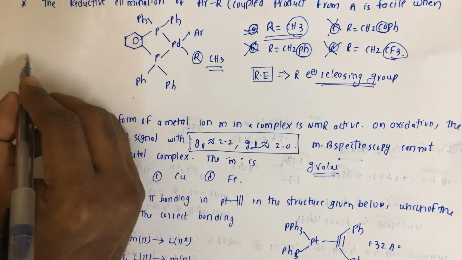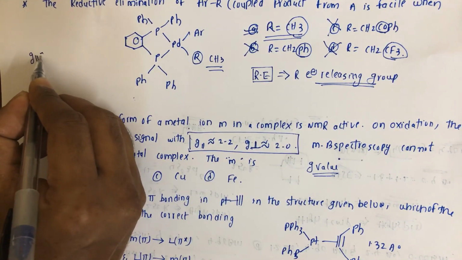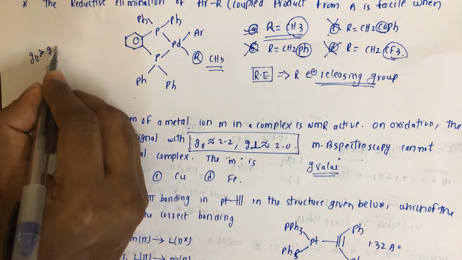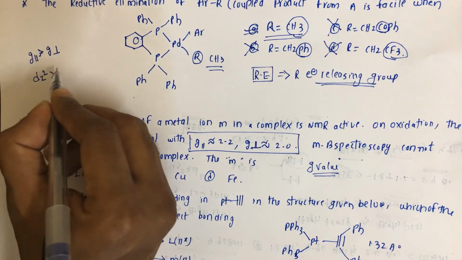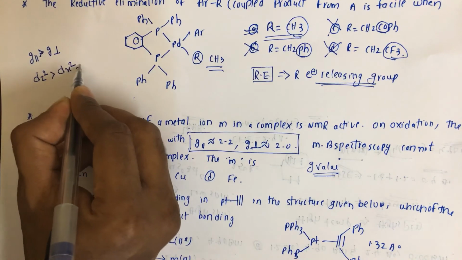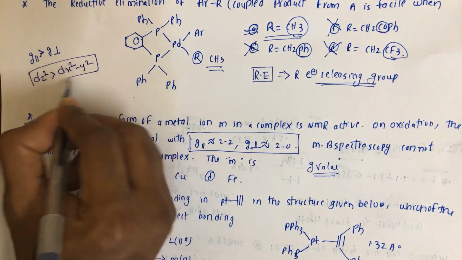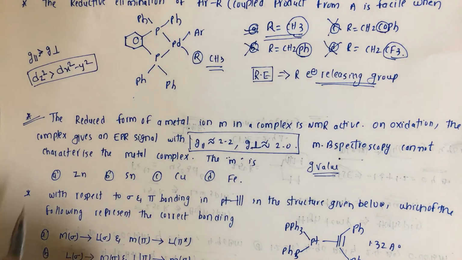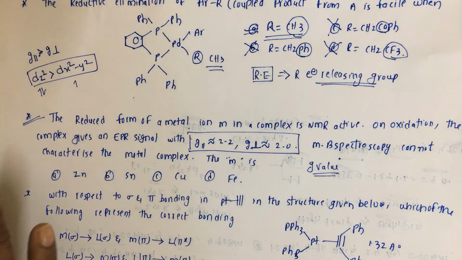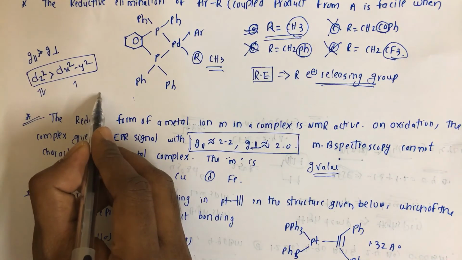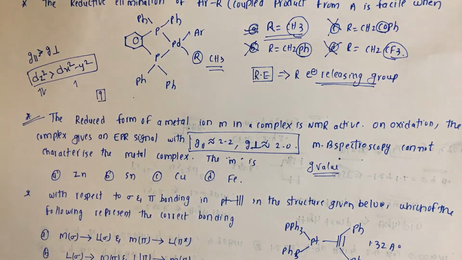Okay, so g parallel is greater than g perpendicular. That means the electron density in dz square is greater than the electron density in dx square minus y square. So this is the condition we have. Okay, that means here 2 electrons are there and here only 1 electron is there. So from here we can make out that this is having 9 electrons only in total, not 10 electrons.